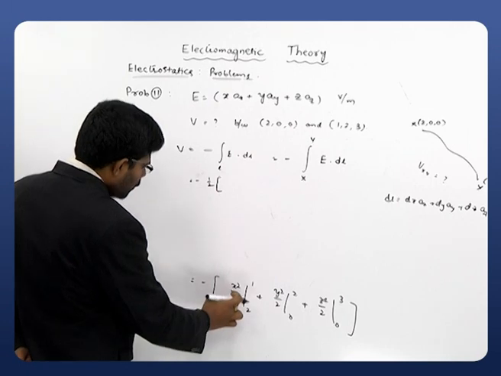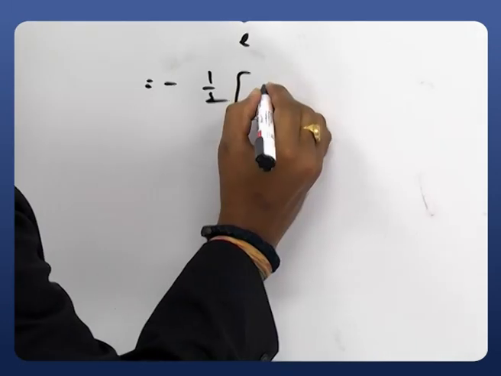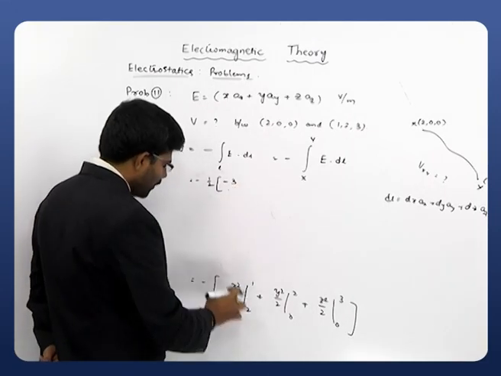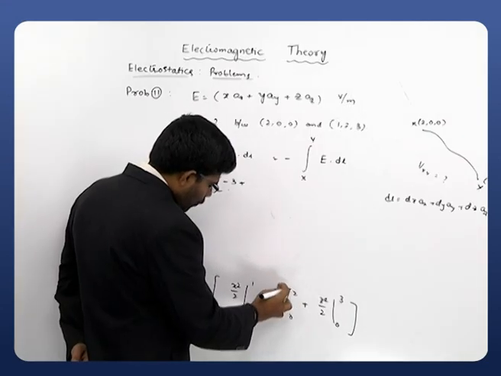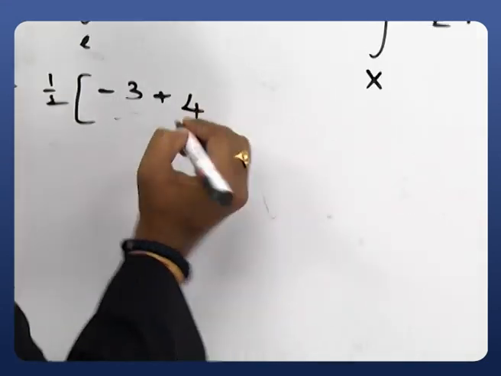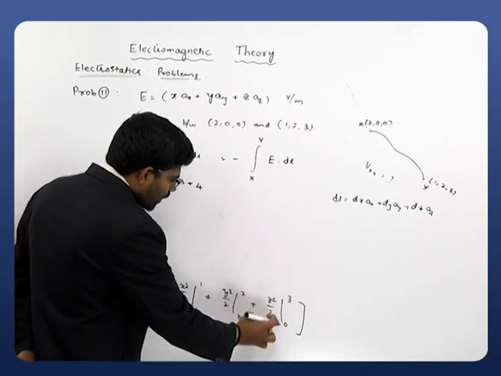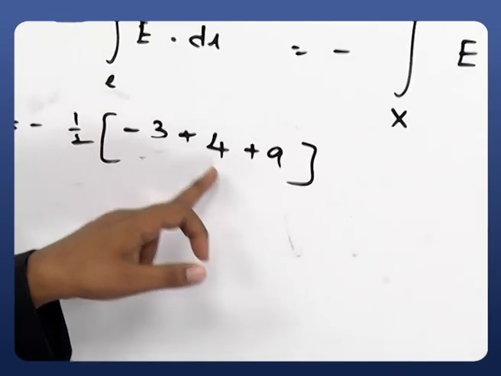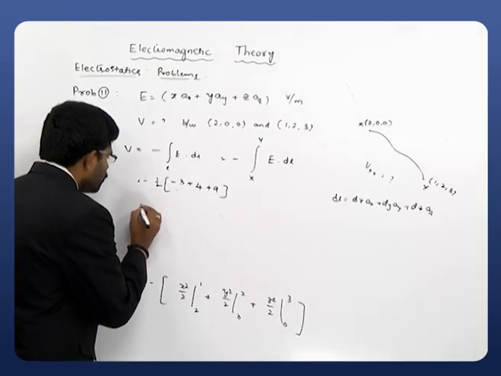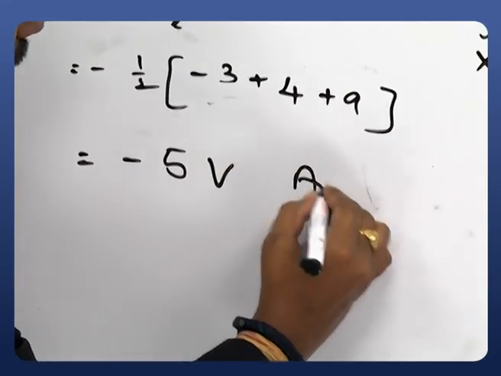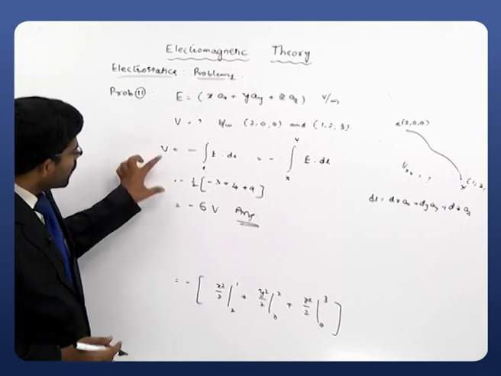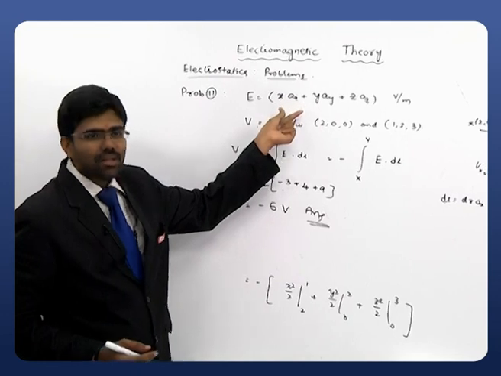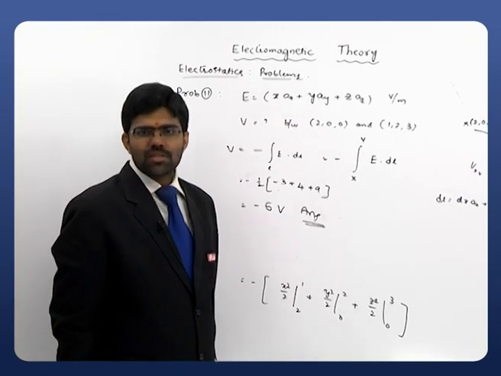Then here 1 minus 4, that is minus 3, plus for the second term 4 minus 0, just 4, and for the third term 9 minus 0, that is plus 9. So this is 13 minus 3, which is 10, 10 by 2, which is equal to minus 5 volts. This is our answer. So clearly the potential difference between the two points x and y can be calculated using our electric field intensity equation. By substituting into this simple formula, this is the solution.